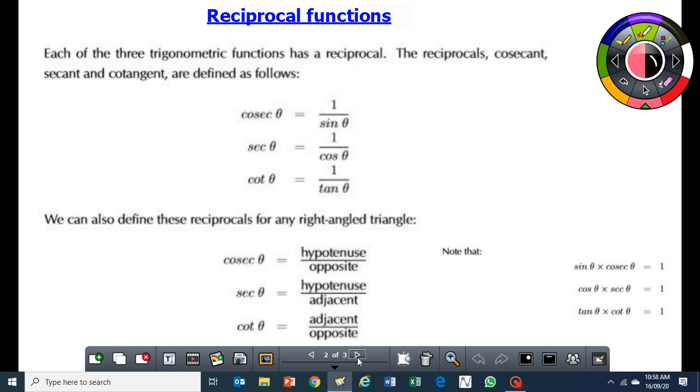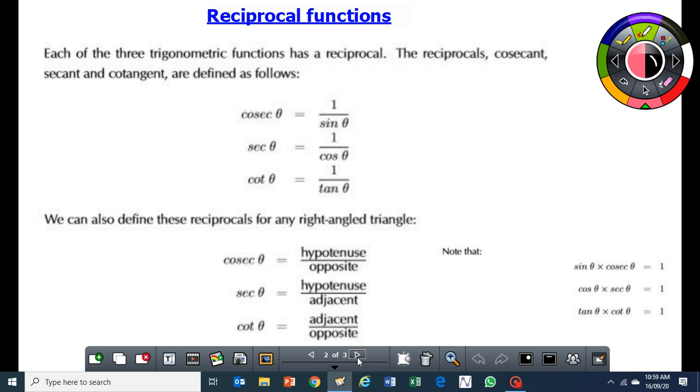So what I mean is, 1 divided by sine theta is equal to cosec theta. Now, cosec is not on your calculator, but you need to know that cosec is the reciprocal of sine theta. If you divide 1 by sine theta, you get cosec theta. If you divide 1 by cos theta, you get sec theta. If you divide 1 over tan, you get cot theta. Always.